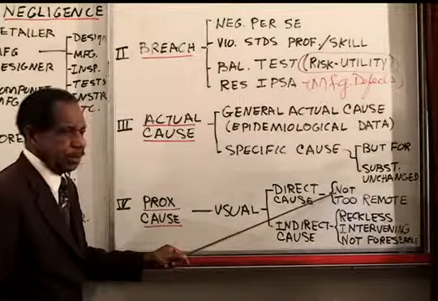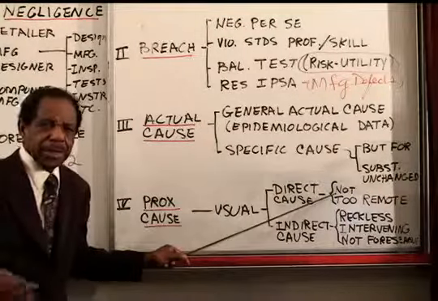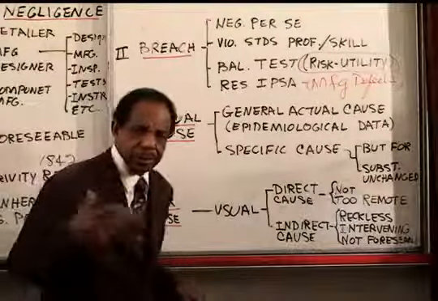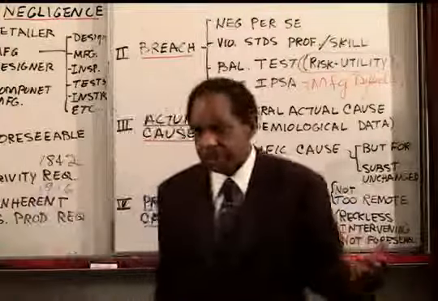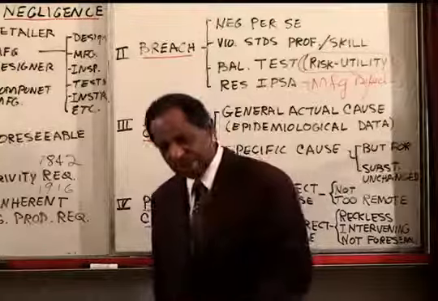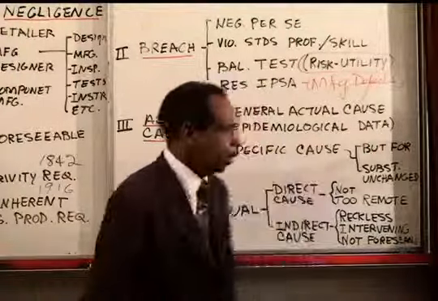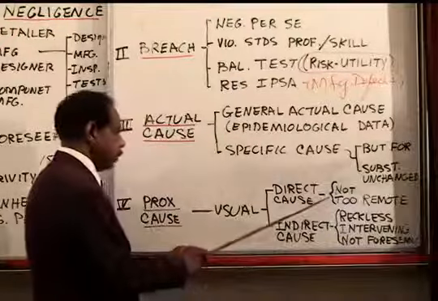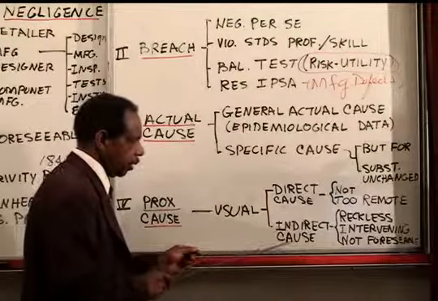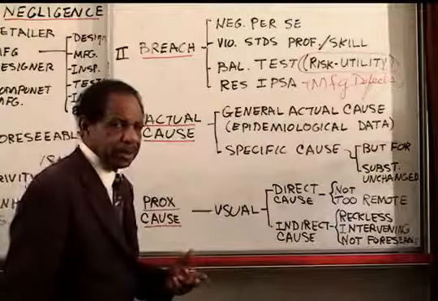In other words, the product designed negligently caused A, and A caused B, and B caused C and D, and so forth. At some point, you're going to stop, even if there are no intervening events. You just got to stop. Public policy doesn't let you go on forever, and so it can't be too remote in direct causation.